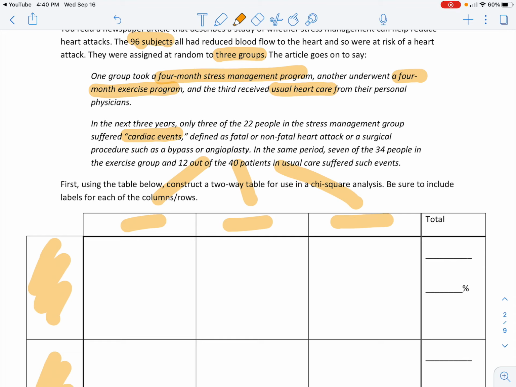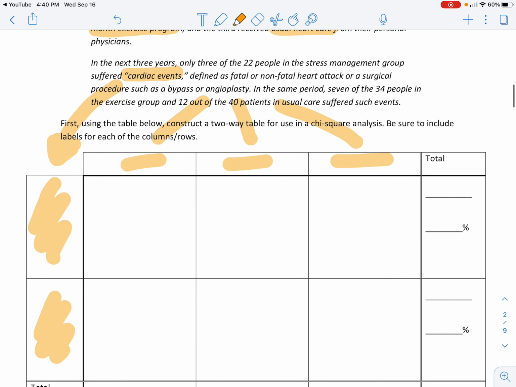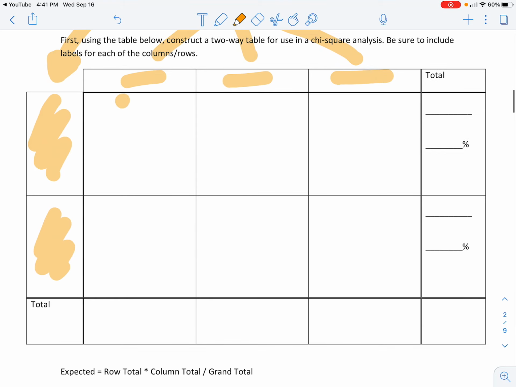So, notice, I've given you 3 categories for one side, but only 1 category for the other side. You've got to figure out what the other category would be, and then how to fit this information, like this 22, 34, 7, 3, 12, 40. How do you fit that information into these squares?